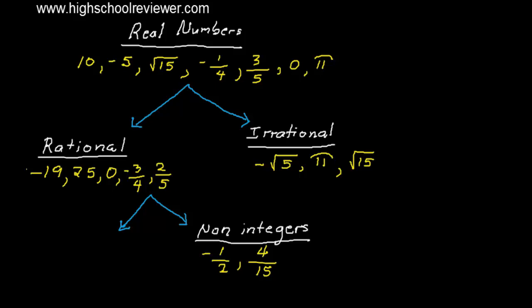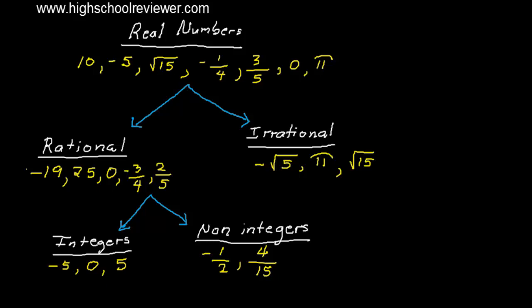And the opposite of non-integers, we have the integers. The integers are the positive and negative whole numbers. So our examples here: negative 5 for a negative integer, and we also have 0, and then for a positive integer, our example is positive 5.